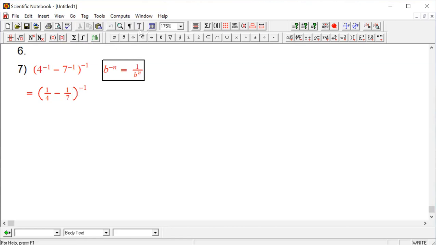And then we're gonna find a common denominator. What is the common denominator? Well, the common denominator is 28, 4 times 7. So over here, we're gonna do a 7/7. We're using property principle number 1, right? Anything times 1 stays the same. So I'm gonna have 4/4.